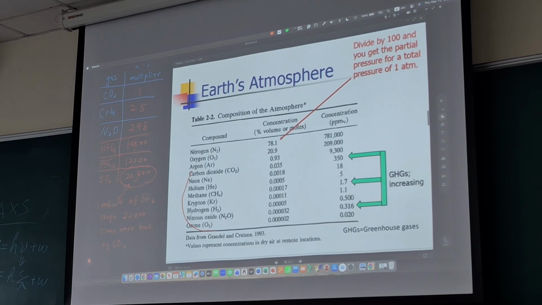So the rest of them occupy around 1%. And among this, three of them, carbon dioxide, this guy, and this guy, these three guys are greenhouse gases.